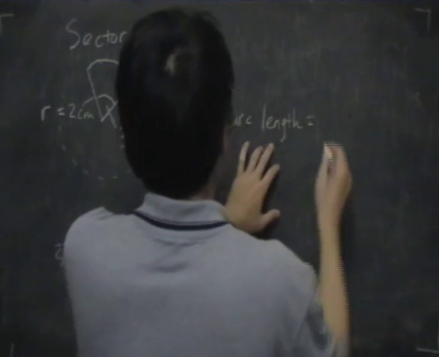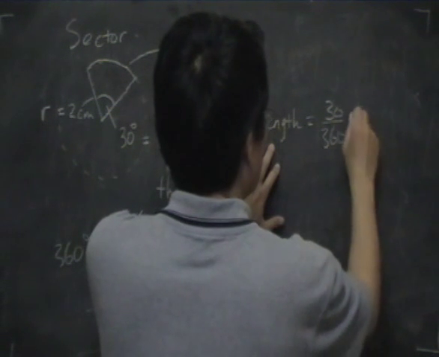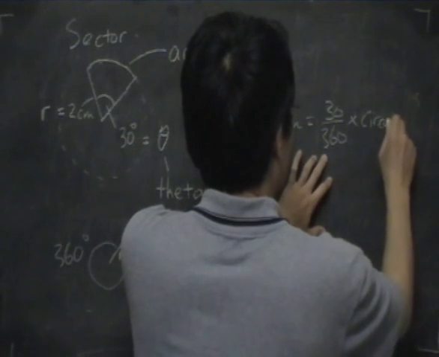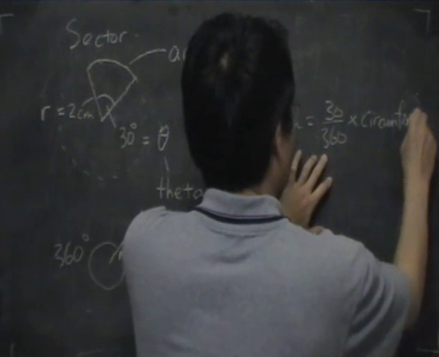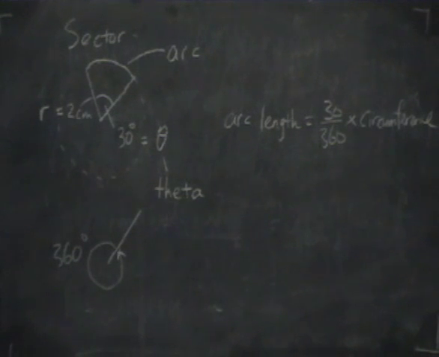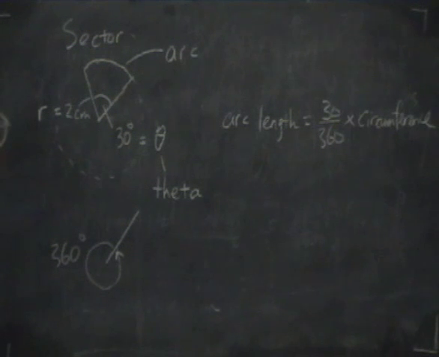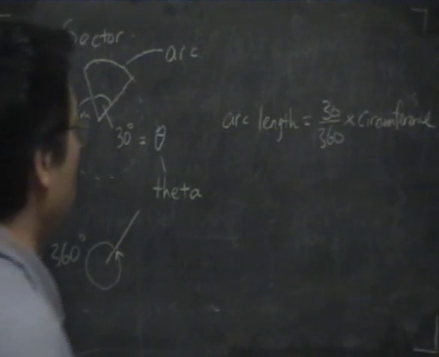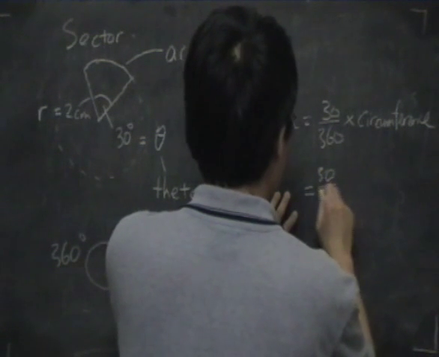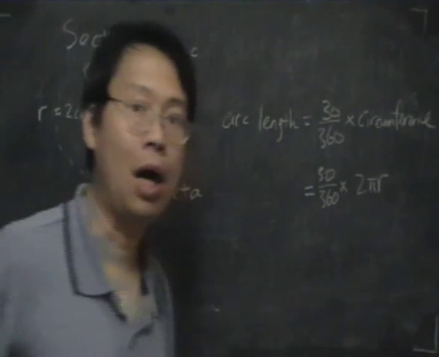So therefore, the arc length is equal to 30 degrees divided by 360 times the circumference. Fraction of the circumference. So how do we calculate that? Right, we need the formula for the circumference, which is 2 pi r.